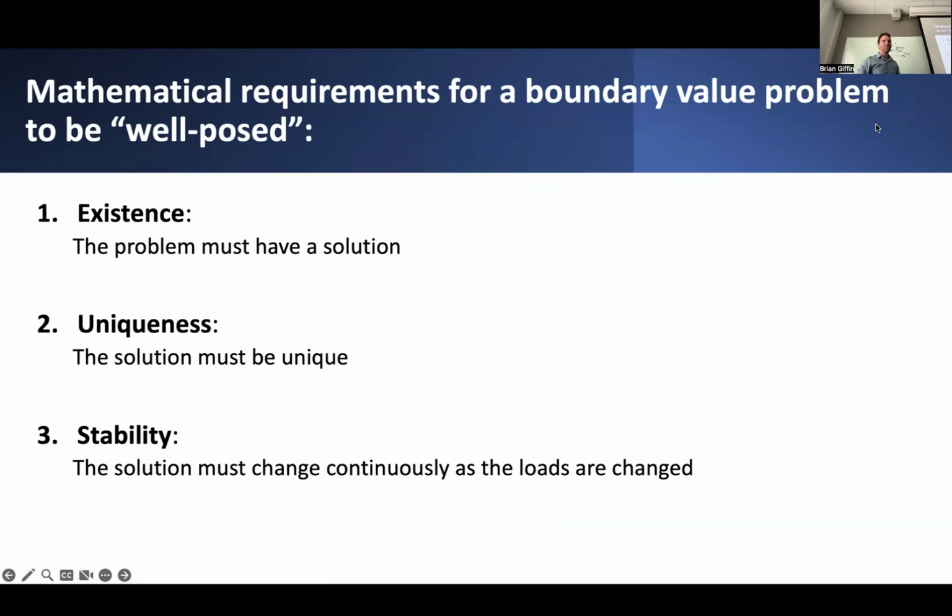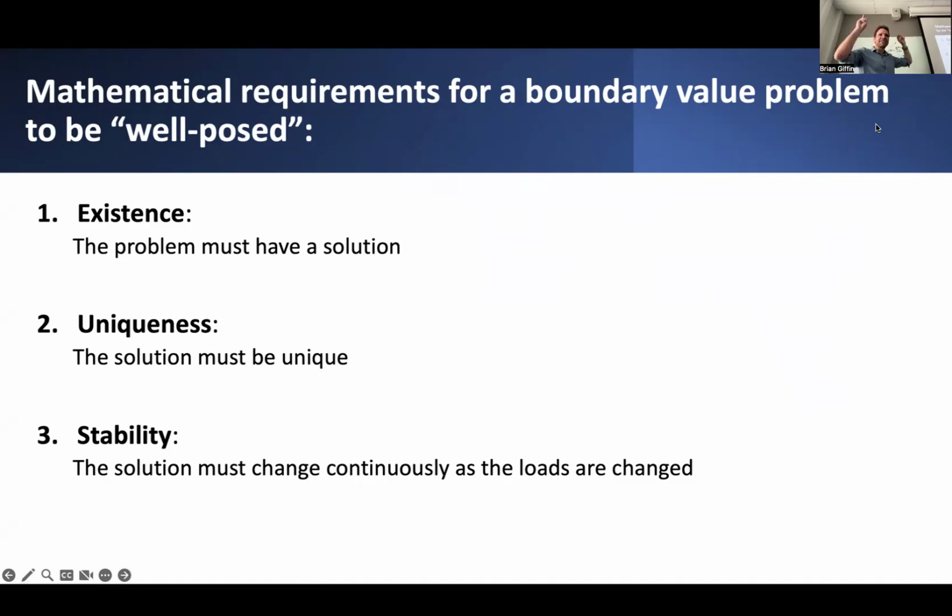And what do we mean by a well-posed problem? Well, it can be broken down into 3 different criteria. For a boundary value problem, like the ones that we were just looking at, such a problem is well-posed if it satisfies these 3 different conditions.